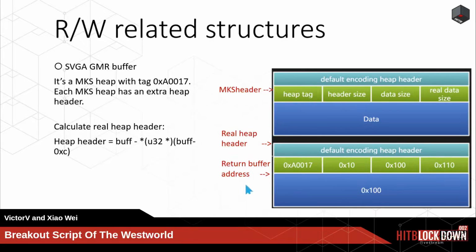When freeing a MKS buffer, it calculates the real heap header by subtracting the header size from the buffer address. So if we overflow a MKS heap header size field, we can free another heap.